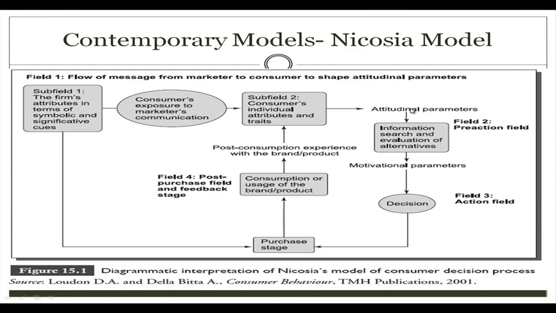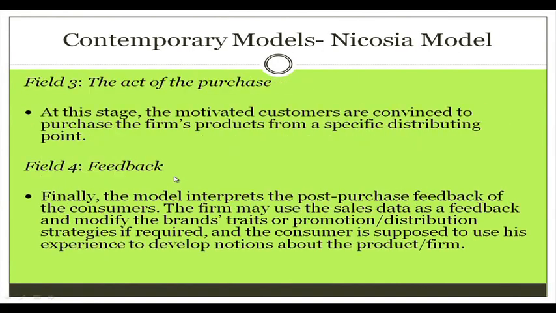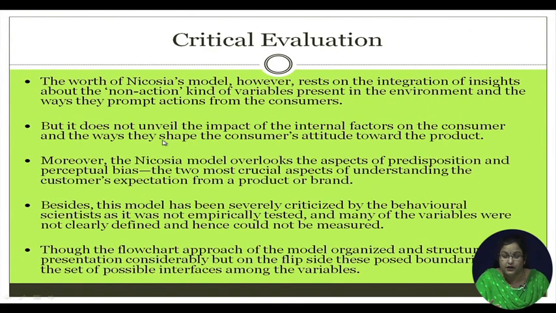But the reverse has not been identified: depending on the motivational parameter, the information search may be lengthy or shortened, and the attitudinal and motivational parameters also have some implication on the customer's individual attributes and traits. This reverse side has not been analyzed in this model. Therefore, nowadays we say that its implication is slightly limited.